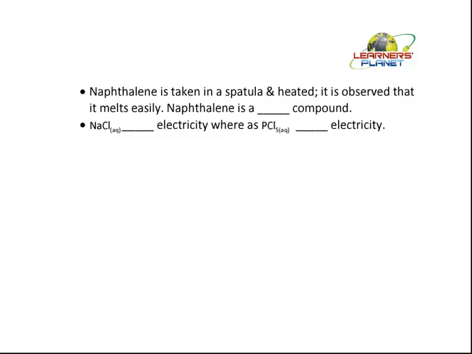But in this case, your naphthalene is changing from solid state to a gaseous state, or it is a volatile compound. Volatile means the compound which changes from solid to gaseous state. So as it is a volatile compound, what type of compound would it be? It would be a covalent compound.